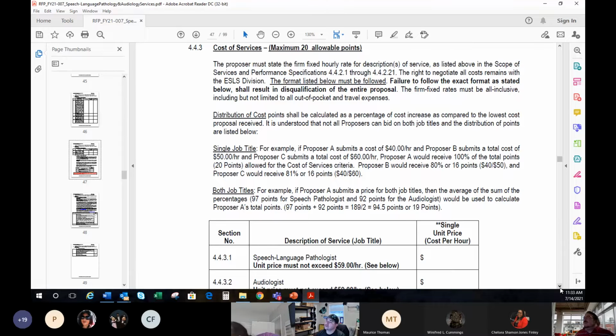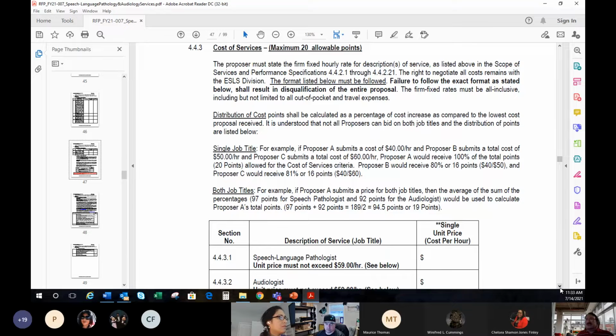Now, it says failure to follow the exact format as stated below shall result in disqualification of entire proposal. I've had it where some proposers come back with a totally different version than what was asked in the cost of services. We want to have a uniform contract.